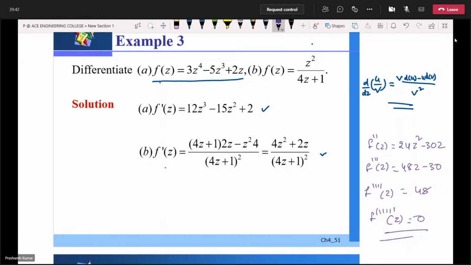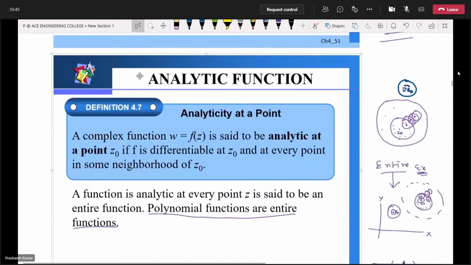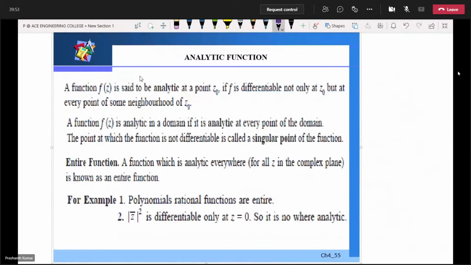Okay? Is this understood? Okay. So now I am writing some points here. A function f of z is said to be analytic at a point z naught, again I am writing here, if f is differentiable not only at z naught but at every point of some neighborhood of z naught.